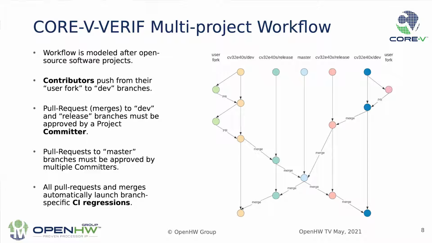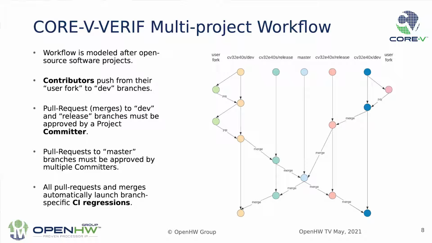Developer branches are a little bit different. Developer branches are a lot more active, and this is where the user commits will come from into the development branch. Development branches are also exposed to a CI regression, but the number of tests in the CI regression is a lot lower, and this allows for quicker turnaround time.